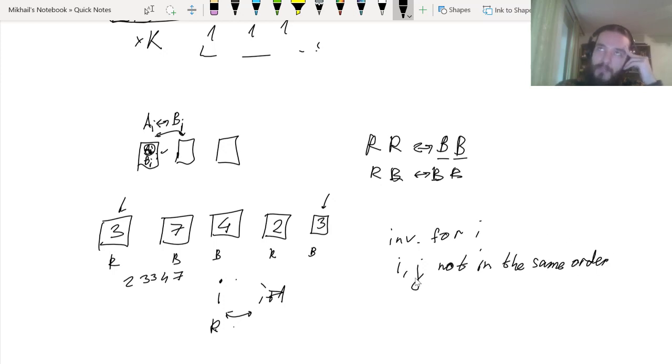So if I was before J in the original order, then now it's after J, or vice versa. So how many cards are relatively shuffled with respect to each other?